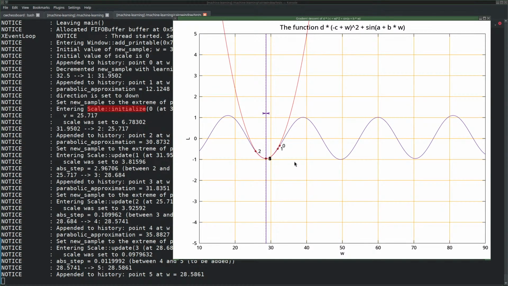Why? Is this more than 10% away? Could be.